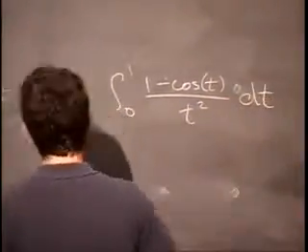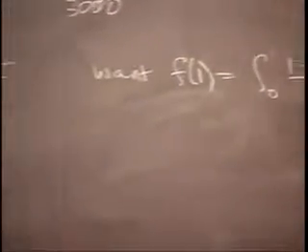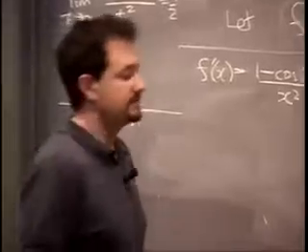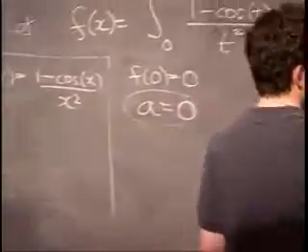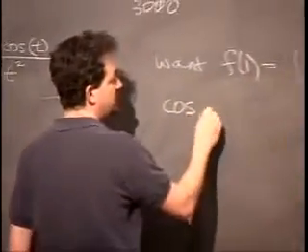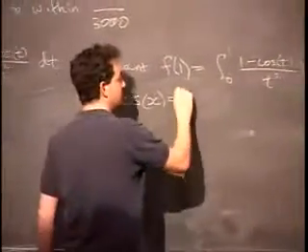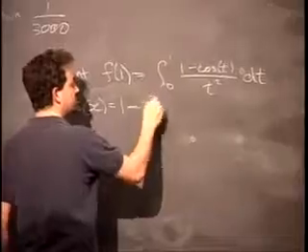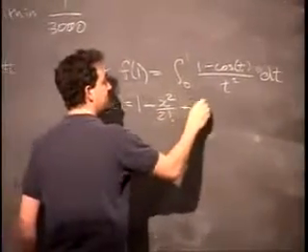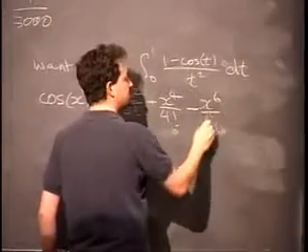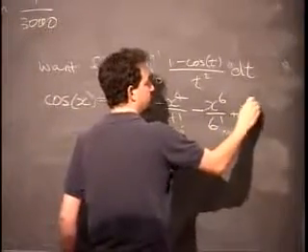Now, I'm going to jump the gun just a little bit. I'm going to give you a formula that's similar to the one for e to the x. And I'm going to tell you that cosine of x also has a series, and it looks like this. 1 minus x squared over 2 factorial plus x to the 4th over 4 factorial minus x to the 6th over 6 factorial, and so on.